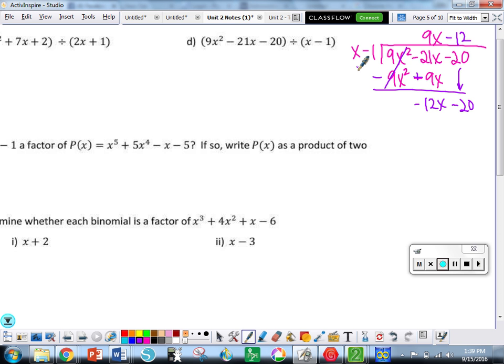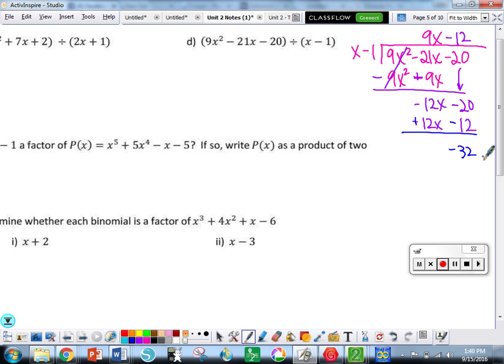Negative 12 times x is a negative 12x. Negative 12 times a negative 1 is a positive 12. When we subtract, change that to a plus, change that to a minus, and you get a negative 32. That's like your remainder. So you probably got a negative off, right?